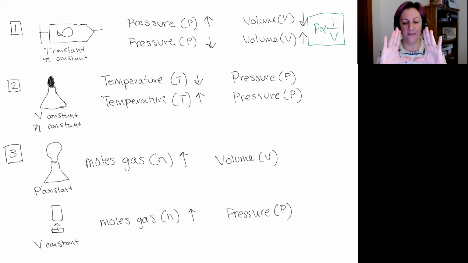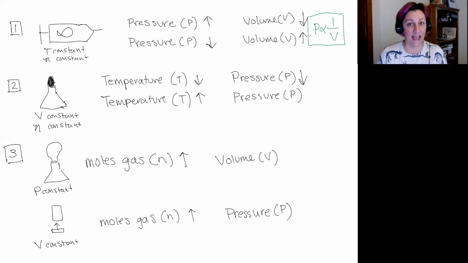As the flame goes out, the temperature of the air inside, without the flame present, is going to decrease. So as that temperature decreased, the pressure inside the flask decreased such that the egg was sucked into it. And so as the temperature went down for our gas, we saw the pressure also go down.